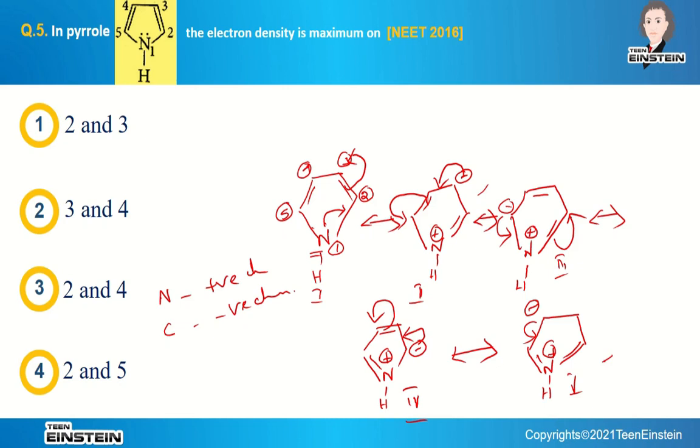So this gives more stability to structures third and fourth. Thus, the maximum electron density will be found on carbon in structures 2 and 5. So, the correct answer is 2 and 5. That is option number 4.